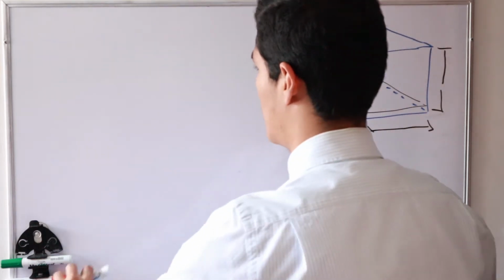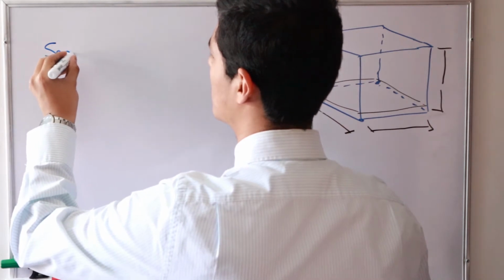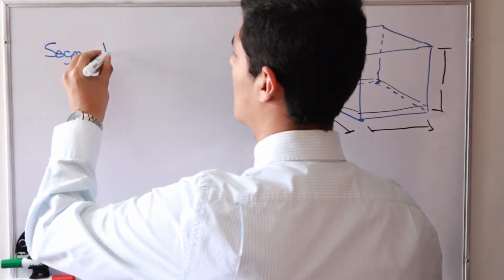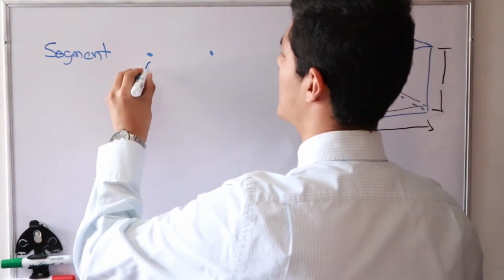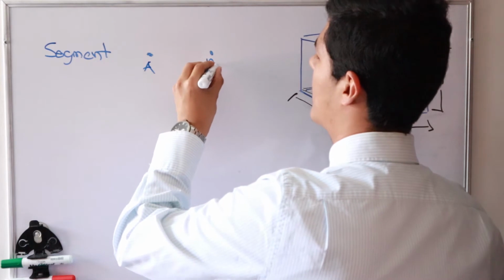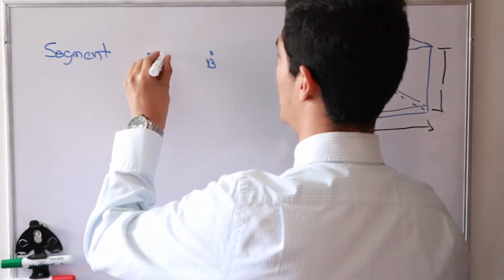So also, guys, we need to define different kinds of things, like what is a segment, or what is the midpoint or a ray. For that, a segment would be these points, the beginning A and the end point B, and this would be the segment.